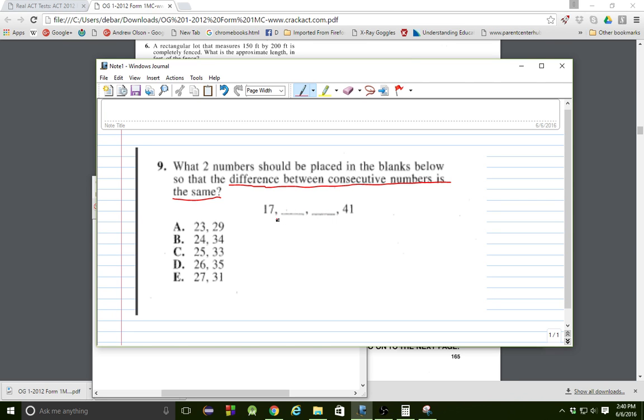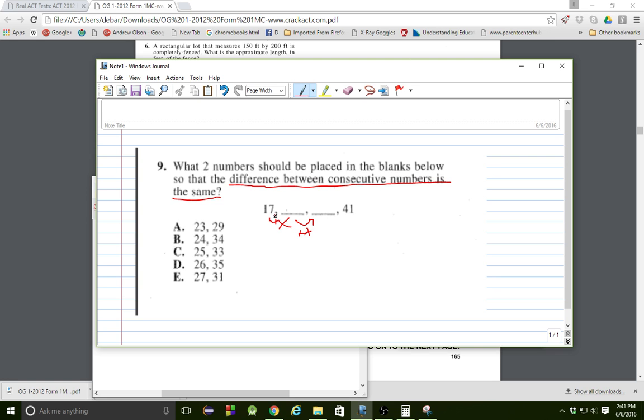We're adding a number. So this is like plus x, and then this again is plus x, right? And essentially this is saying that 17 plus x equals this, and then this plus x equals this.